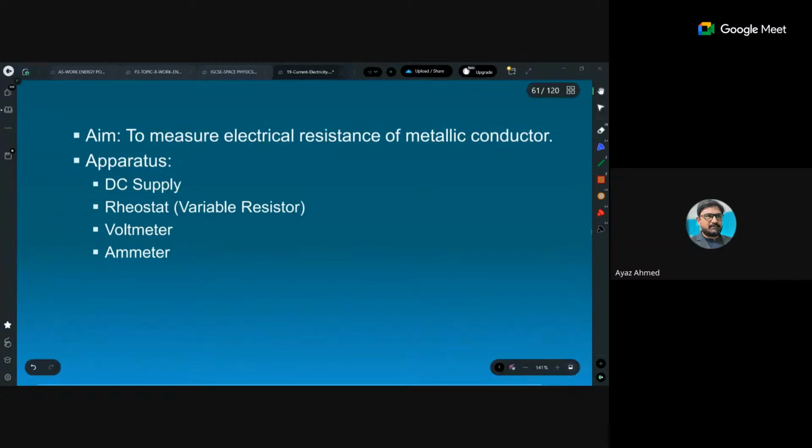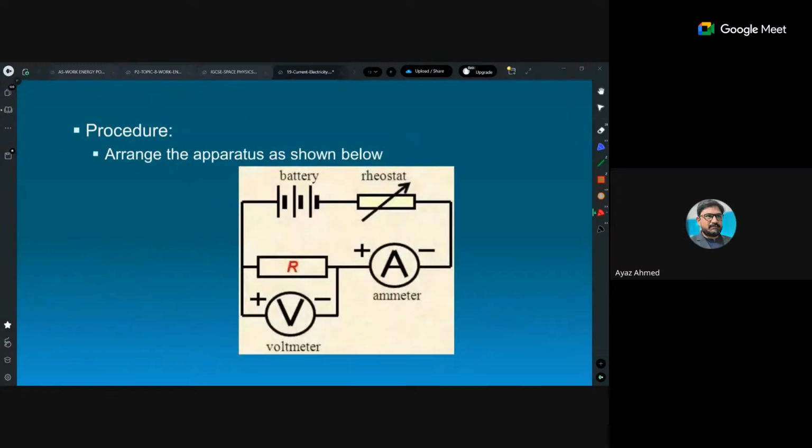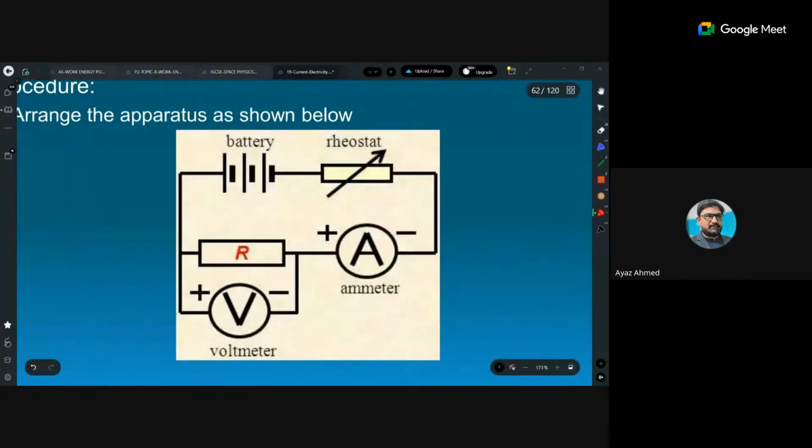A variable resistor. Mostly we have a wire, then we have a power supply, voltmeter, ammeter चाहिए हमें, और हम लोग उसको सेट कैसे करेंगे? That is set in this way. This circuit is asked to you कि draw a circuit or sketch a circuit in which you are measuring the resistance of a resistor. ठीक है, place ammeters and voltmeters at the right position. 3 नंबर का क्वेश्चन आता है ये.